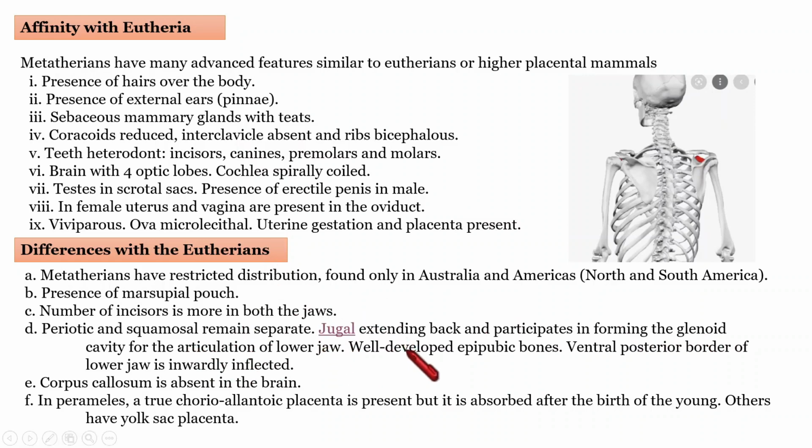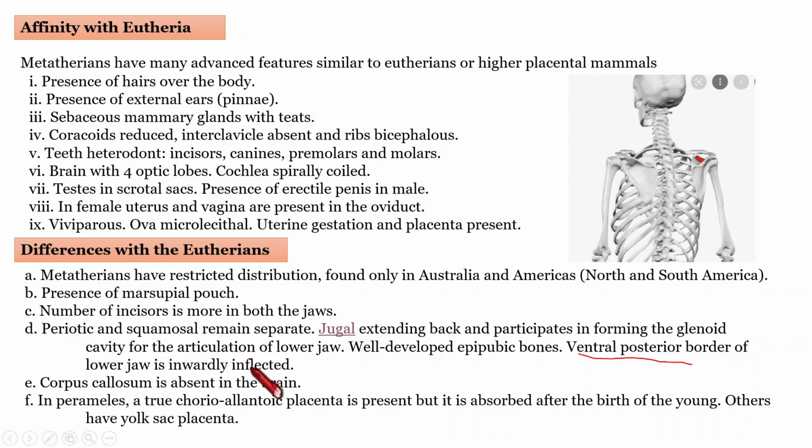There is another difference. And also these metatherians possess well-developed epipubic bones associated with the pelvic girdle. And also the ventral and posterior border of the lower jaw.